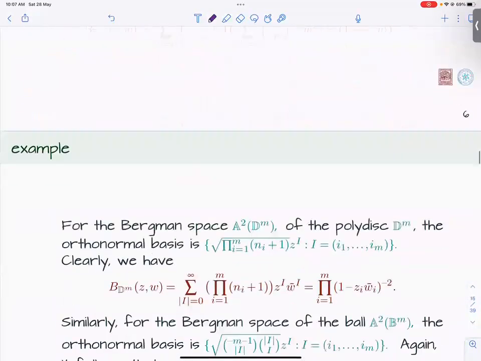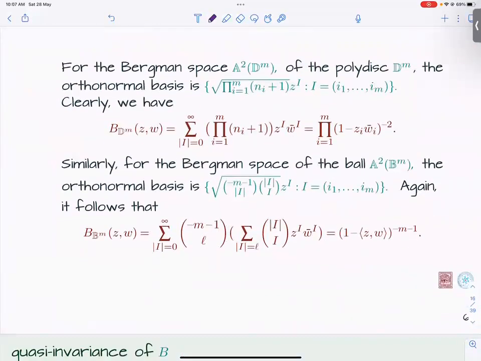But as I told you, to compare whether the ball and the polydisk are biholomorphically equivalent or not, we have to find the Bergman kernel for the Euclidean ball as well. For the Euclidean ball, you have the same situation in the sense that z_1^{i_1} through z_m^{i_m} and z_1^{j_1} through z_m^{j_m} are orthogonal, as long as i_1 through i_m is not equal to j_1 through j_m.